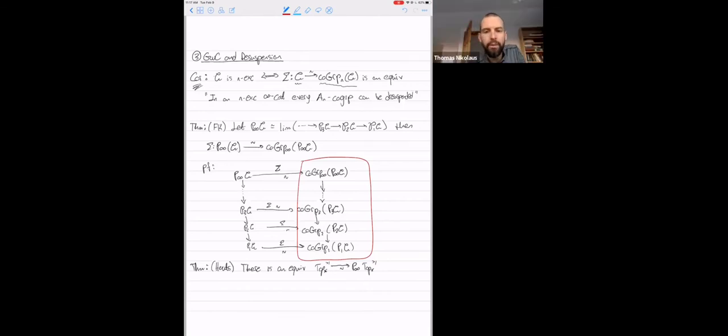I read this part of your preprint. I guess my question was a little bit more basic. First of all, is it true that this colimit is just the universal thing where you turn suspension into an equivalence, or do we have to iterate this colimit? Wait, maybe we're talking about different things.